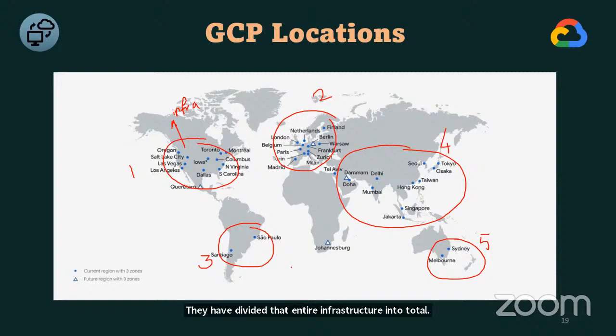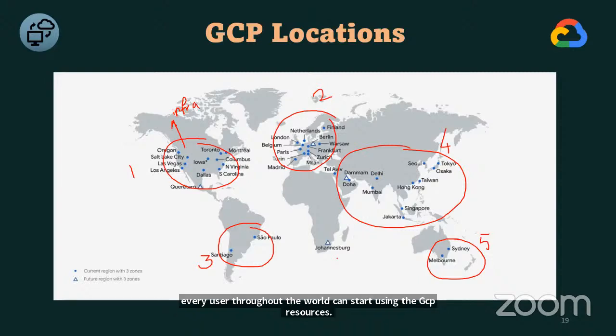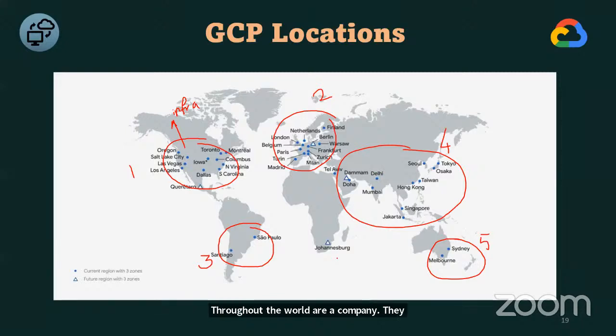Why have they done it? They divided their infrastructure into multiple locations so that each and every user, person or company throughout the world can start using GCP resources.